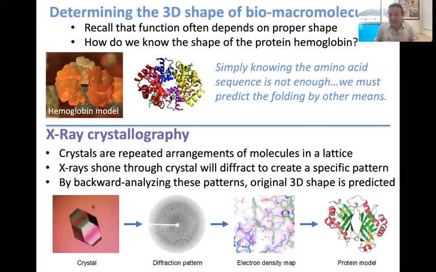Traditionally, historically, we've used a technique known as X-ray crystallography. So X-ray crystallography, as the name implies, has to do with beaming X-rays through crystals. Now, crystals, I'm not talking about new agey kind of crystals like quartz and stuff like that.